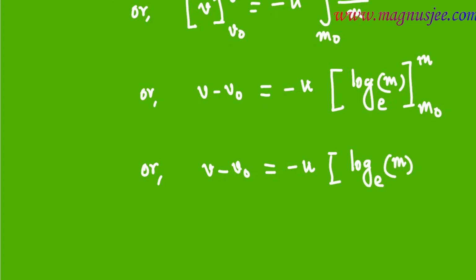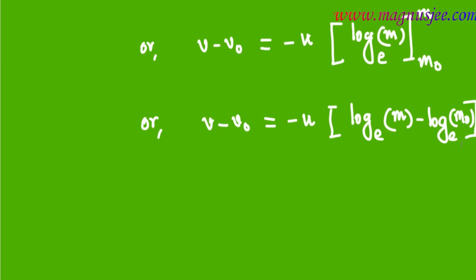Or v minus v0 equal minus u under bracket log base e m minus log base e m0, putting the upper limit first, that is putting m in place of m, then putting the lower limit, meaning putting m0 in place of m.